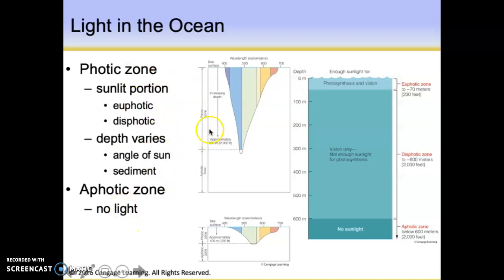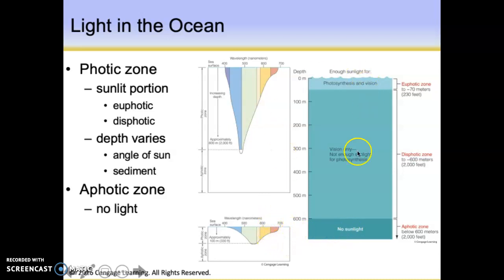The photic zone is where there's enough light to see, and the photic zone is also divided into the euphotic zone, where there is actually enough light for photosynthesis, and the dysphotic zone. There's enough light to see, but not enough light for photosynthesis. And then once you get down below about 600 meters, the ocean is just completely dark.